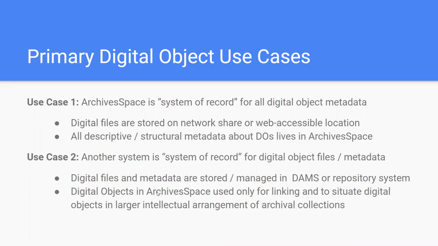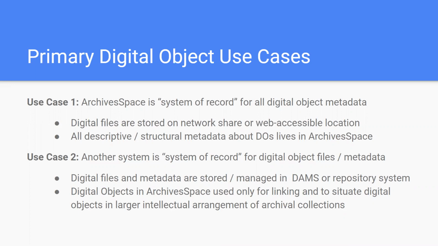So you don't have some other system that has metadata about your digital objects. You're going to do it all in ArchivesSpace. And so in this use case, your files are stored just on a network somewhere or some other web accessible location. And then all of your descriptive and structural metadata about digital objects is going to live in ArchivesSpace.